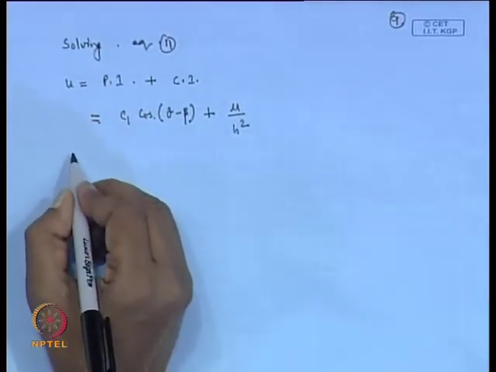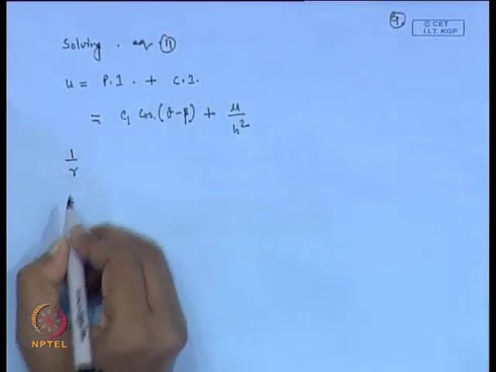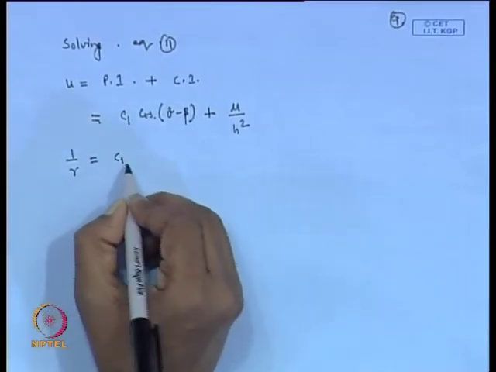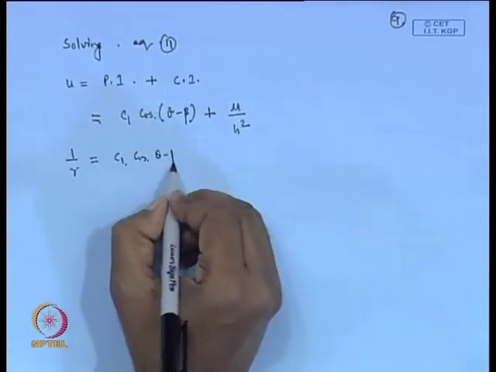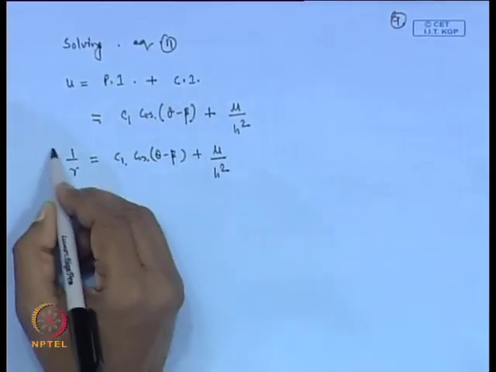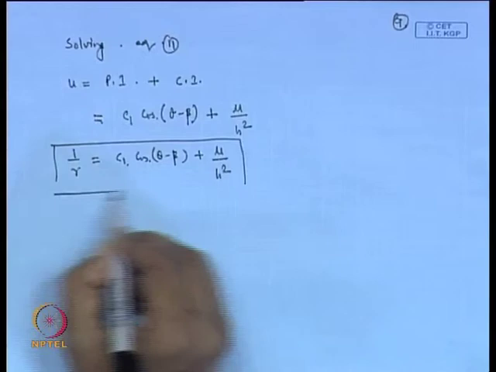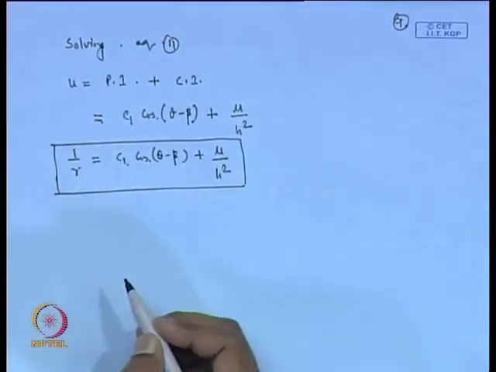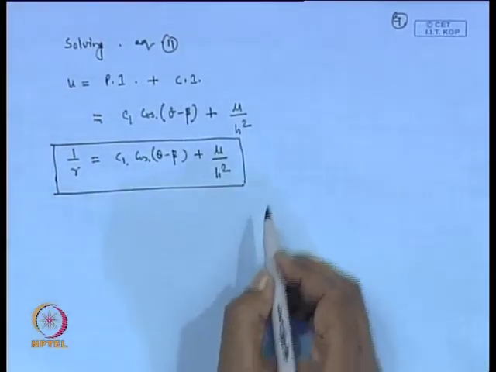Thereafter we put u back to 1 by r. So, this becomes C 1 cos theta minus beta plus mu by h square. This gives us the solution to our second order differential equation, equation number 11.